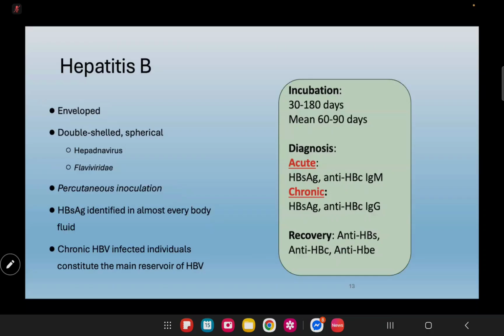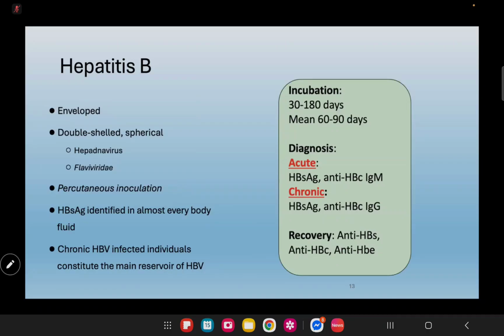So that is for acute infection: positive HBsAg and positive anti-HBc IgM. While in chronic infection, HBsAg is also still positive, but this time with anti-HBc IgG. So you would know that it is already chronic.